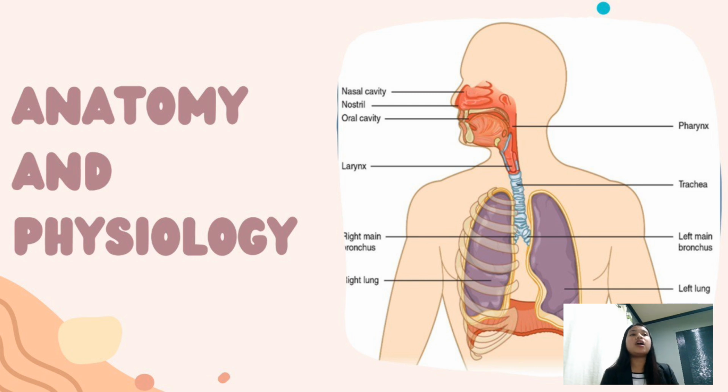Your lungs make oxygen available to your body and remove other gases such as carbon dioxide from your body. This process takes place 12 to 20 times per minute. When you inhale through your nose or mouth, the air travels down to your pharynx or the back of your throat, passes through your larynx and into your trachea.